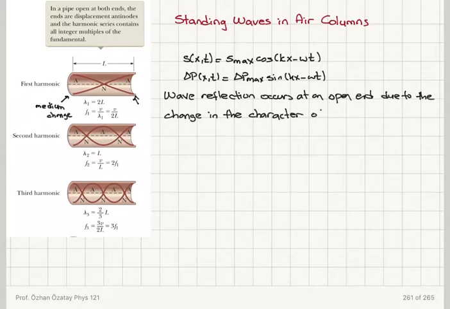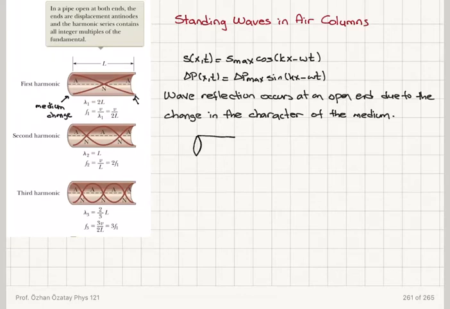It's just like going from a heavy string to a light string or vice versa. So we have to basically discuss what are the boundary conditions for sound waves if I have such a situation.